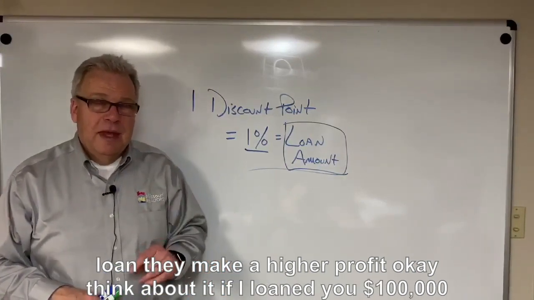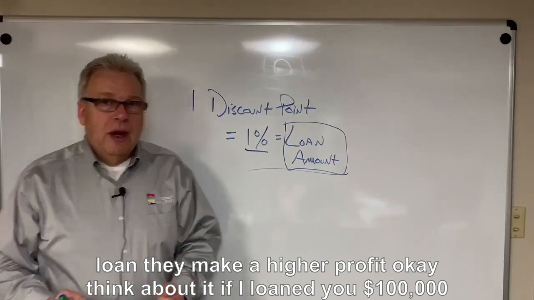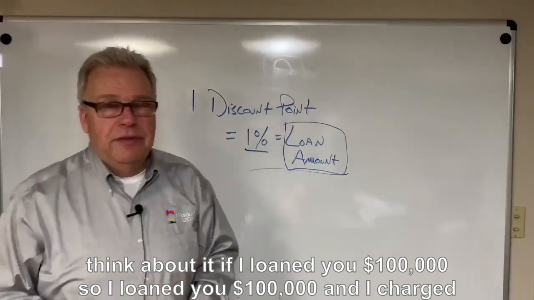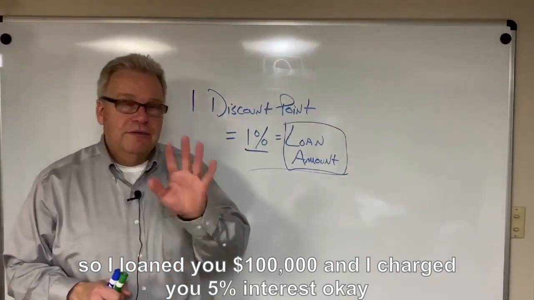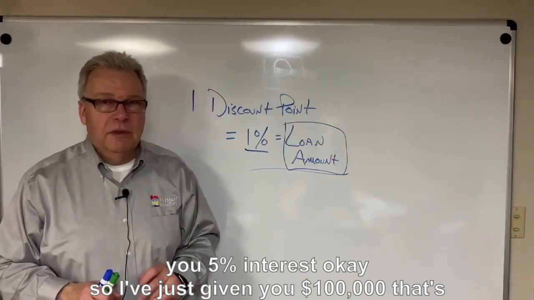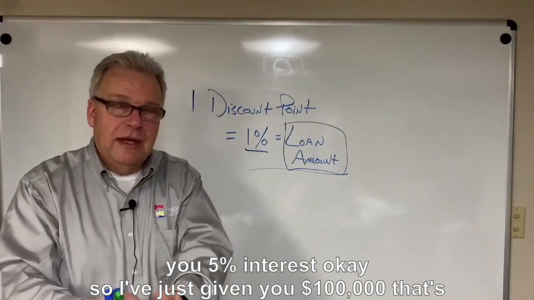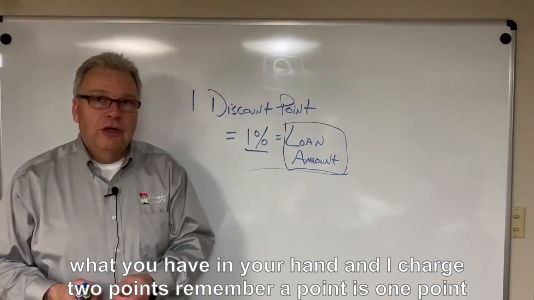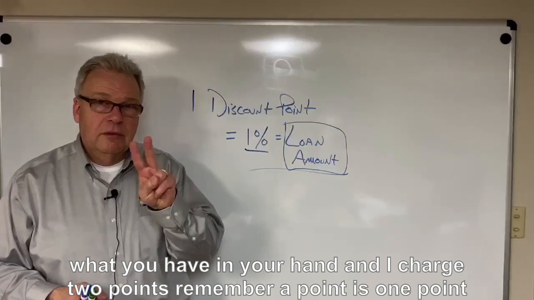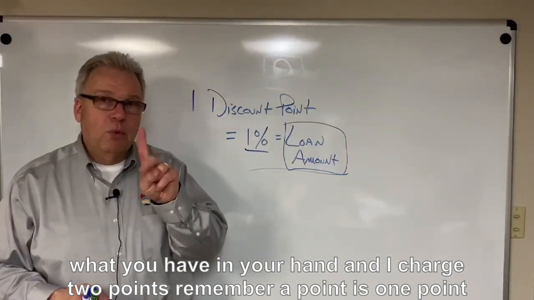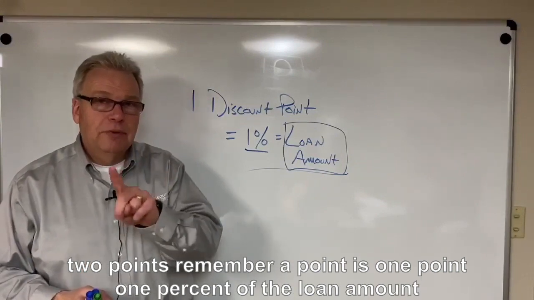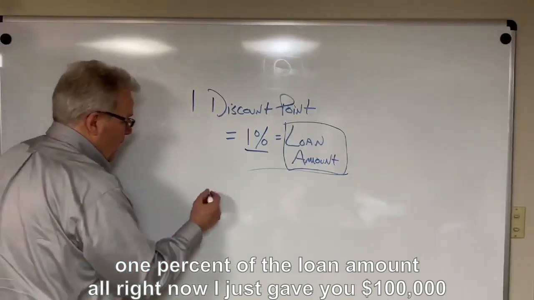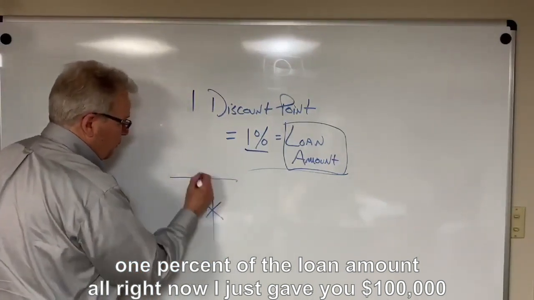Think about it. If I loaned you $100,000 and I charged you 5% interest, I've just given you $100,000. That's what you have in your hand. And I charge 2 points. Remember, 1 point equals 1% of the loan amount.